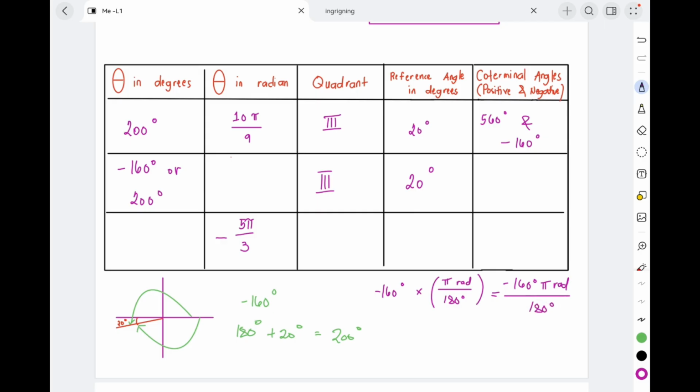Cancel out degrees, and 160 divided by 180 is 8 over 9, so negative 8 over 9 pi rad. So this is the conversion for negative 160 degrees: negative 8 pi over 9 rad.